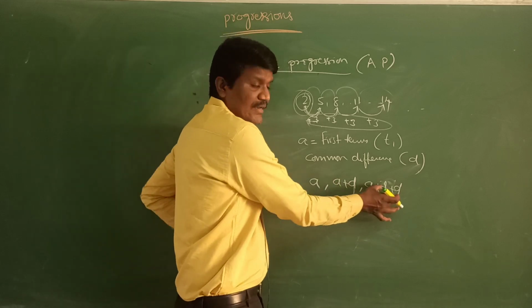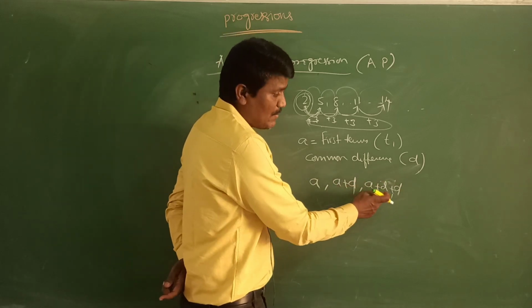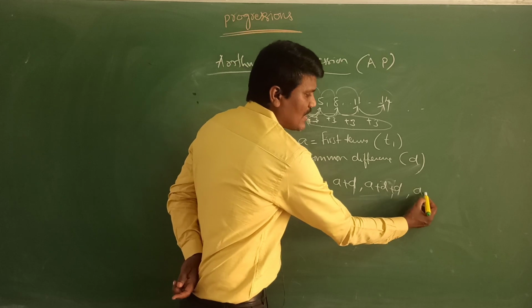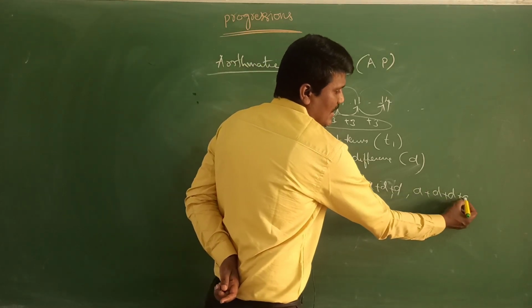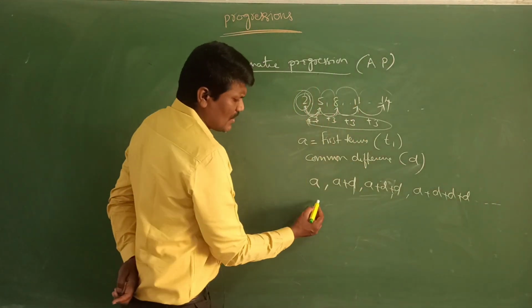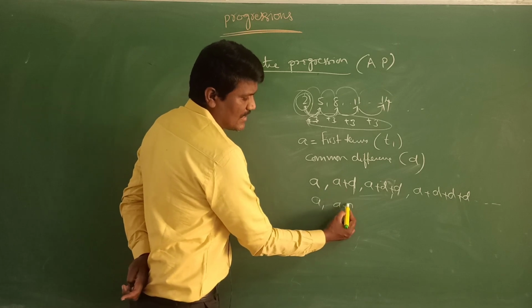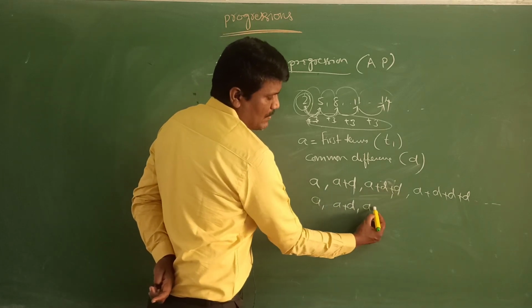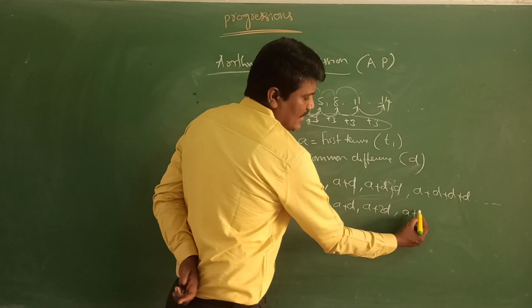For A plus D, I add D, I get A plus D plus D, which is A plus 2D, and then A plus 3D, and so on.